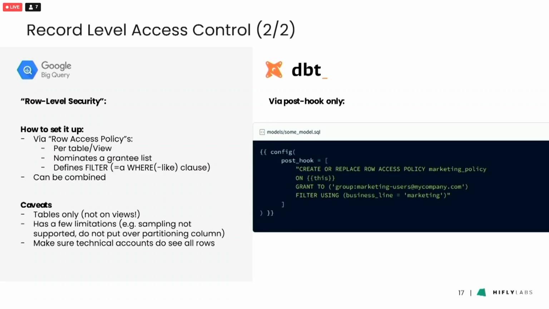Okay, this is unfortunately, I would say, unsupported in DBT. That was the old way, if anybody remembers, how we could define grants in DBT. That's the standard post-hook method. So you actually have to create these row access policies.